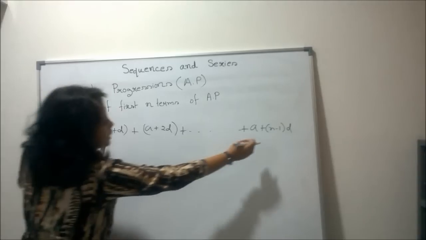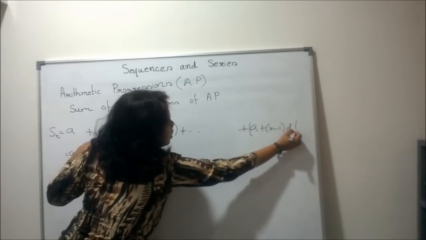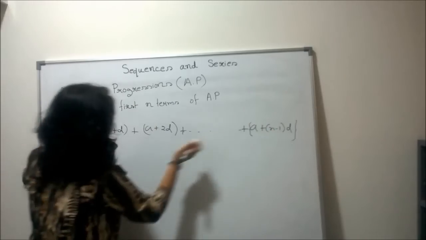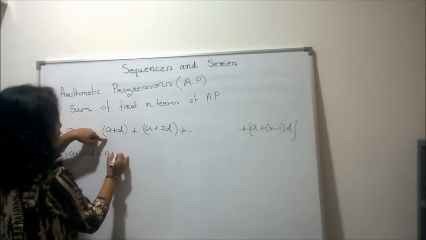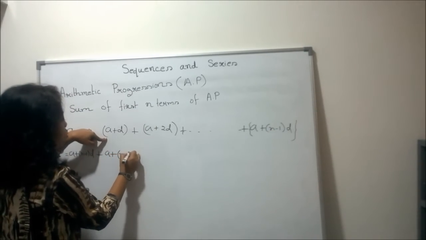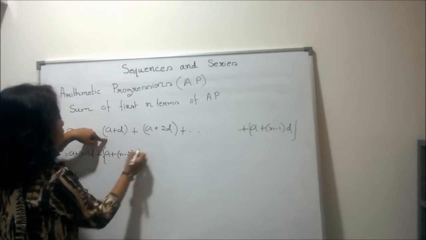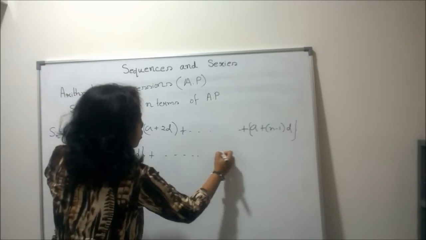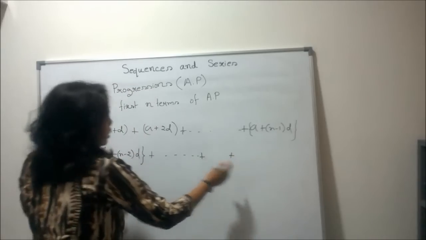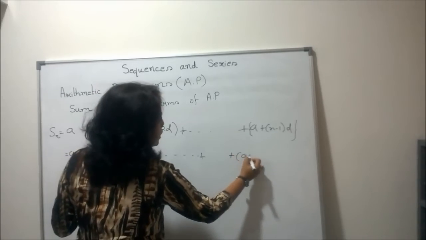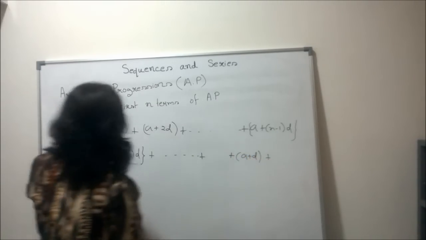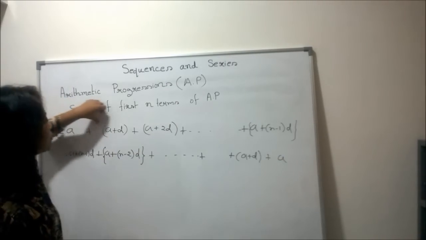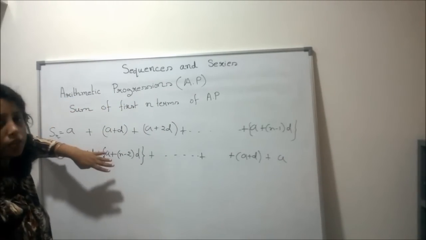If the last is n minus 1, then before the last term that will be n minus 2, so here a plus n minus 2 d. This is the term before the last term. In this way, we write the second term a plus d, and the last one is our first term a. Okay, just write the same series in reverse order.